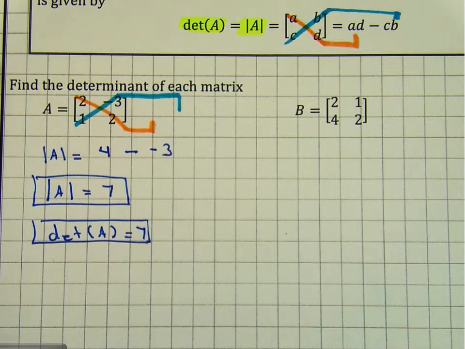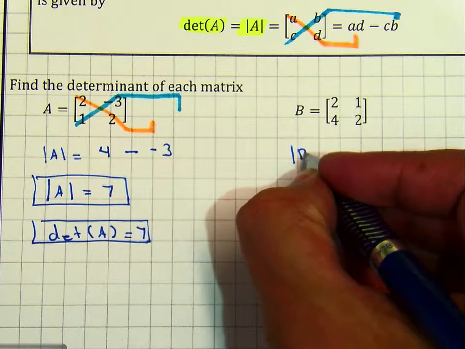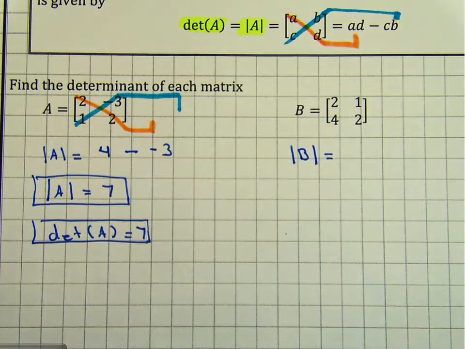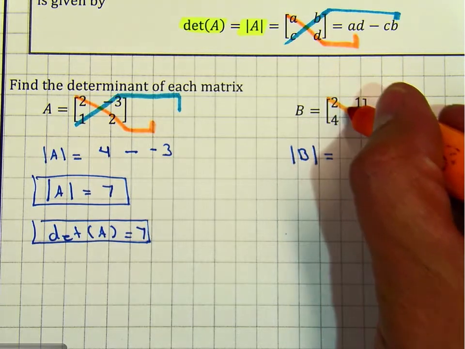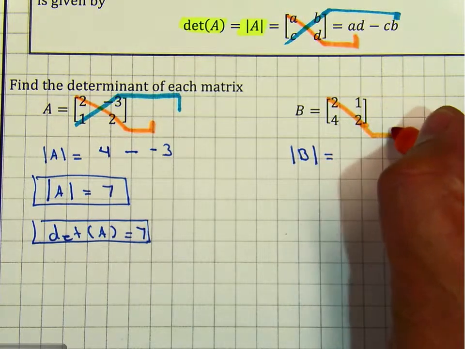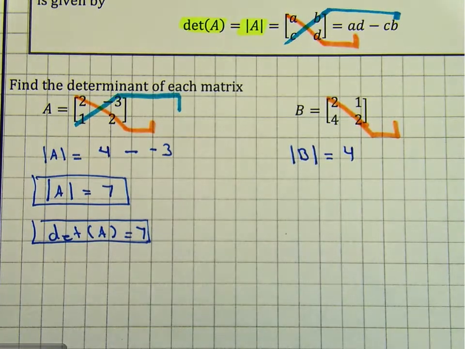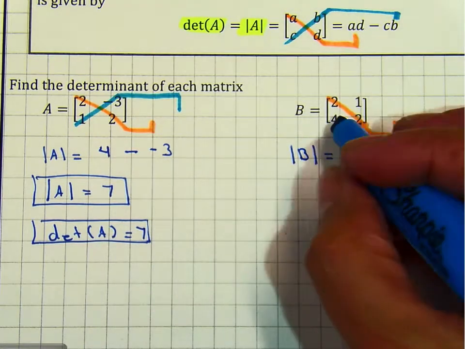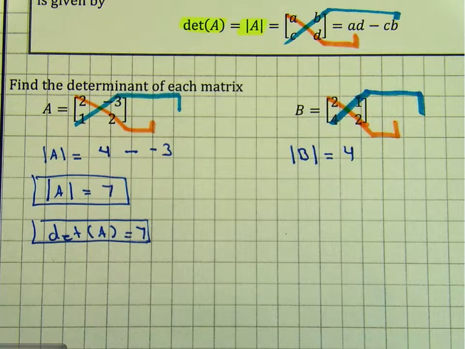Excellent. So for letter B, we are finding the determinant of B. First, make sure that you are using your highlighter. Multiply those 2 components. 2 times 2 will be 4. We're going to multiply those 2 components. 4 times 1 will give us 4.